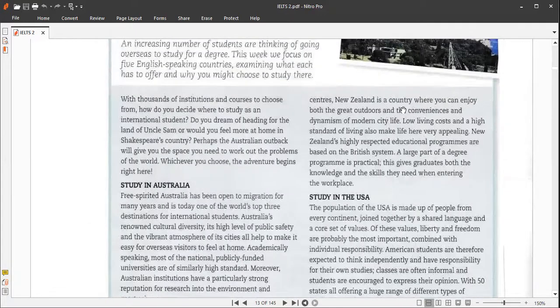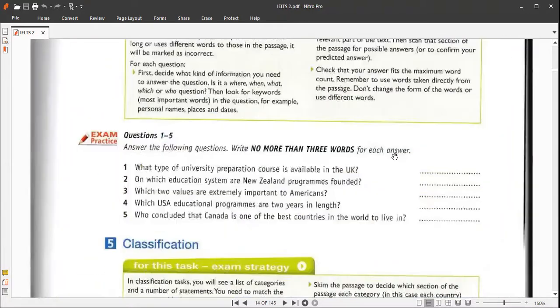Scanning. Here we have the word system. Let's read this sentence: New Zealand's highly respected educational programs are based on the British system. So the answer is British system. That's the answer. On which education system? The British system.